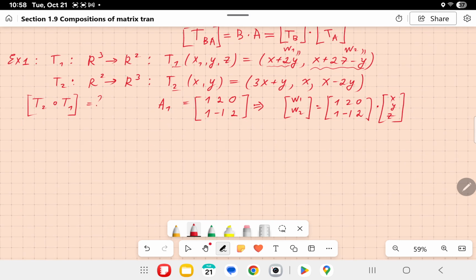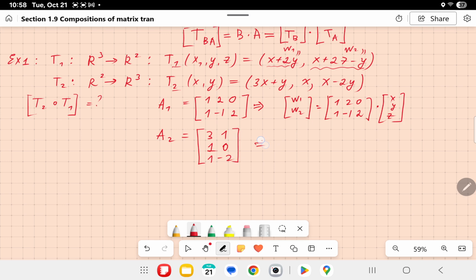For the second matrix, we have just two components, and we are going to have three resulting equations. So I'm going to have 3, 1, the coefficients, and then 1, 0, there is no y here, and 1, minus 2. That's going to be my second matrix.